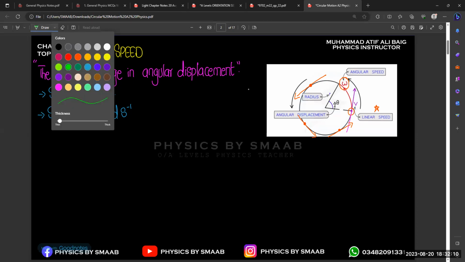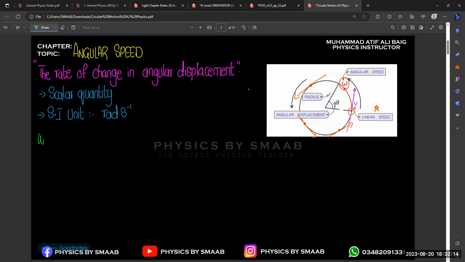And one more thing that I was talking about is the direction. So basically, when an object is in uniform circular motion, initially we only talk about angular speed, but if we talk about velocity, you know that velocity is a vector quantity, so direction will be continuously changing.